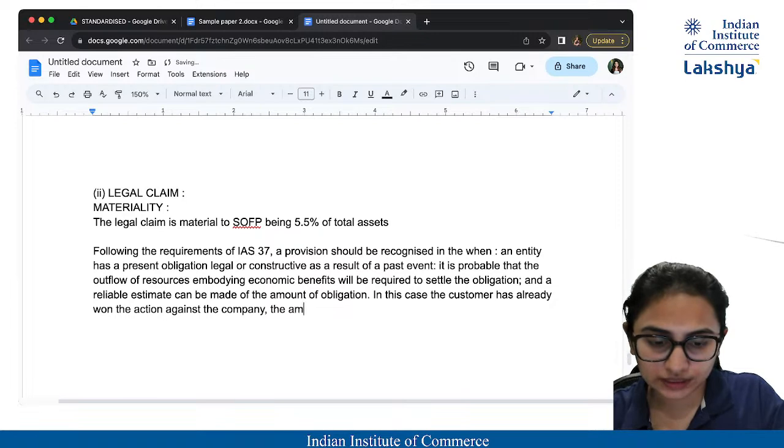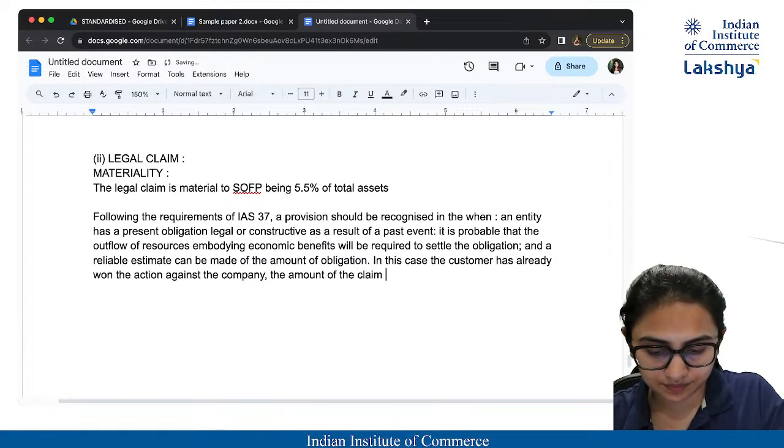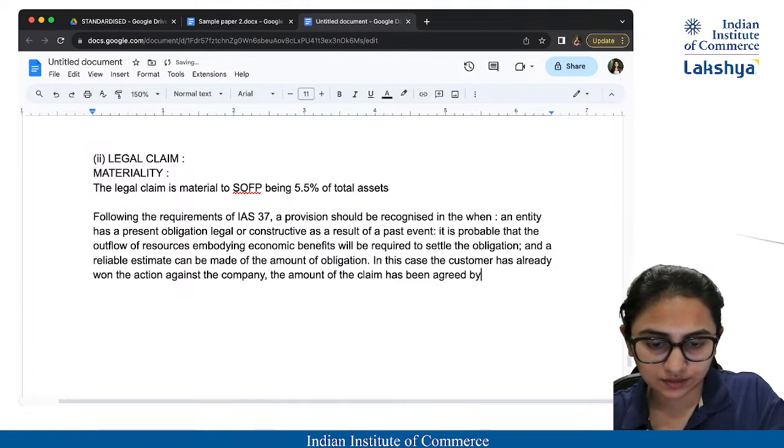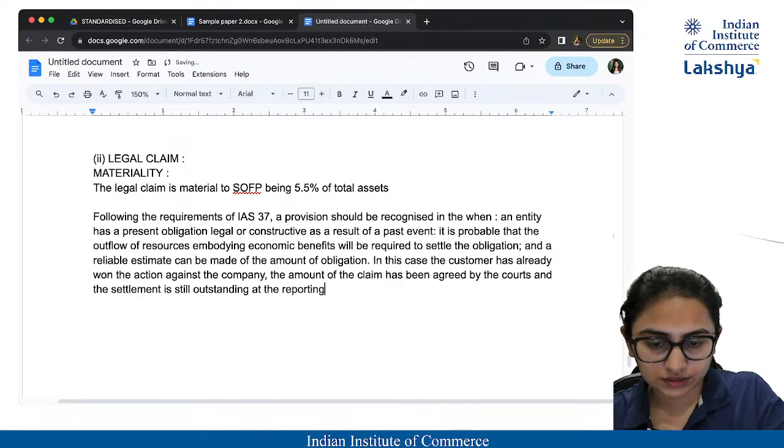The amount of the claim has been agreed by the courts and the settlement is still outstanding at the reporting date.